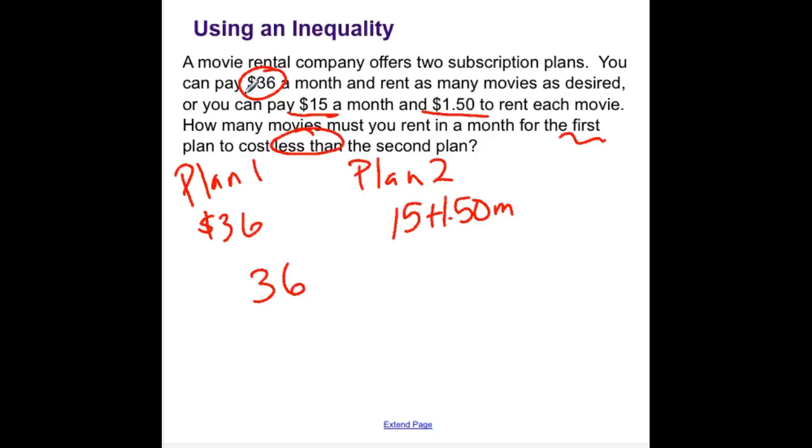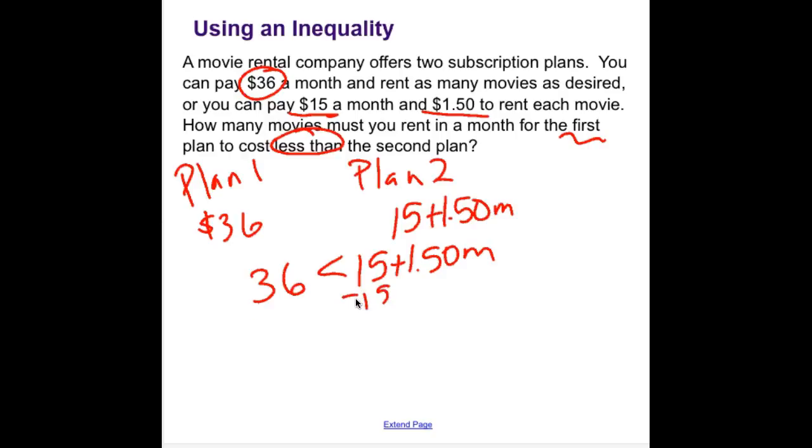So we're going to put less than 15 plus 1.50M. And then we're going to solve for our M to figure out how many movies we need to rent for the first plan to cost less. So now we just start solving this inequality.